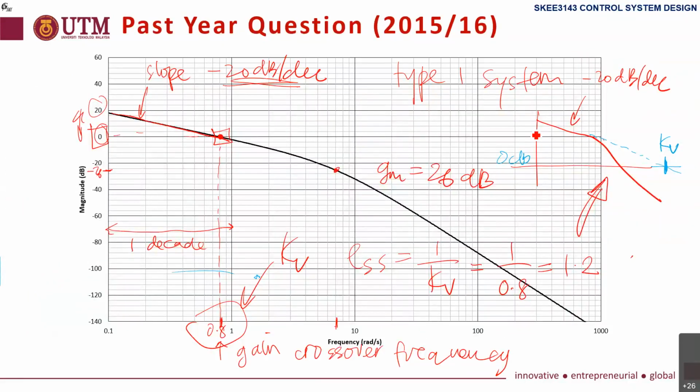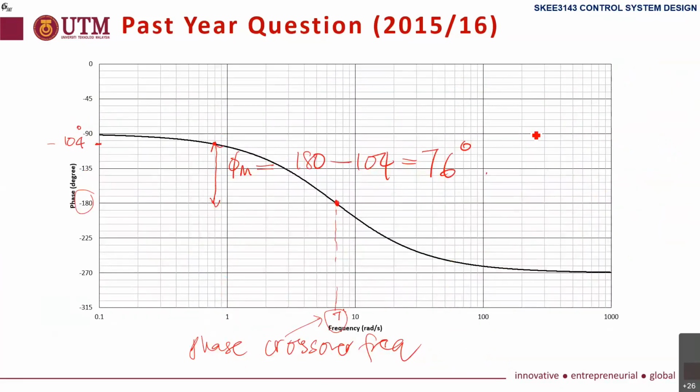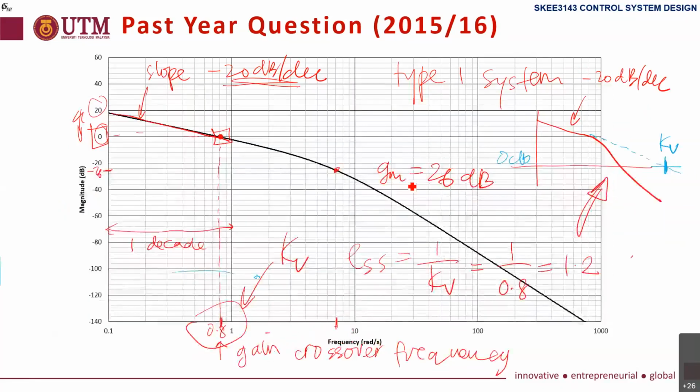Before, we found that the phase crossover frequency is here at 7 radian, when it crosses minus 180 degrees, so we get 7 radian per second.